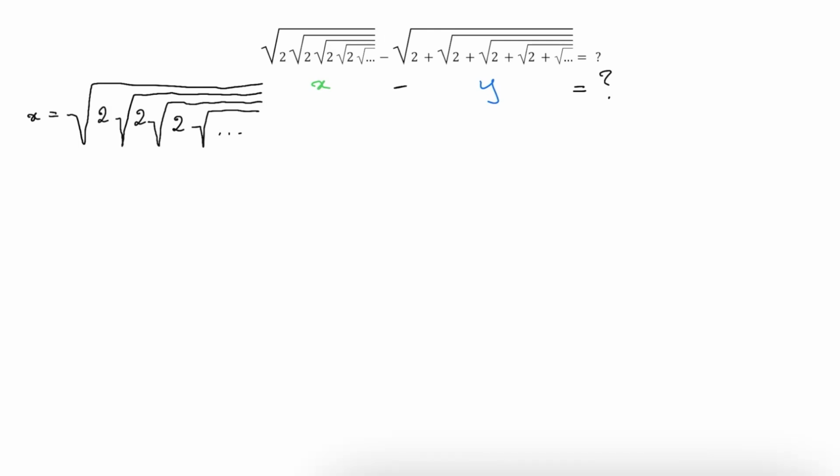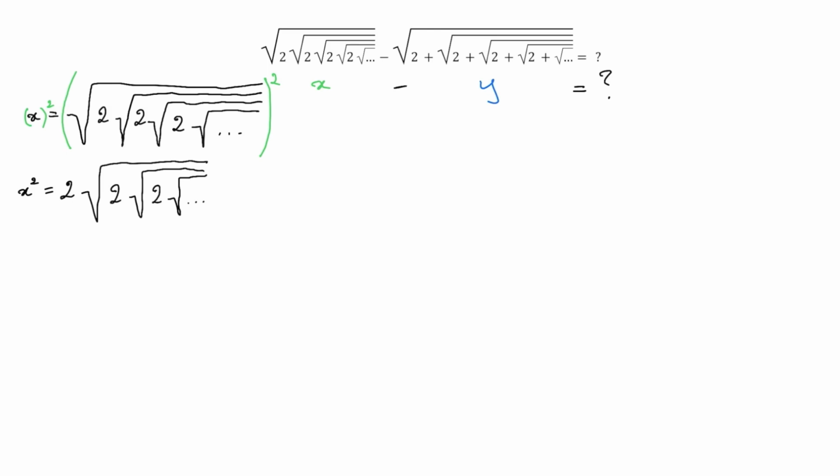Now, let's just square both sides of this equation. And we get that x squared is equal to 2 times the square root of 2 times the square root of 2 and so on to infinity.